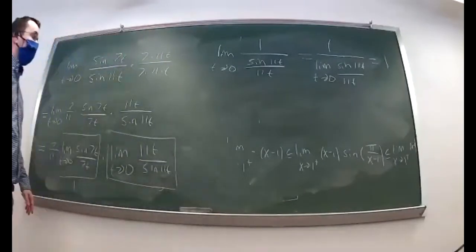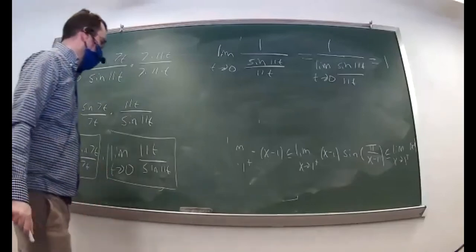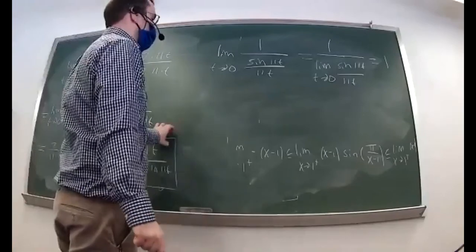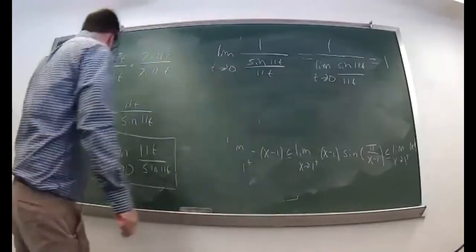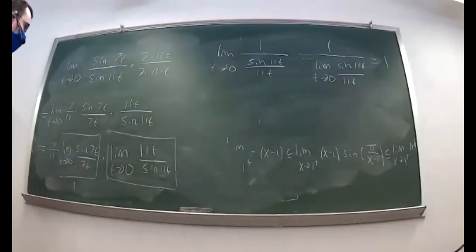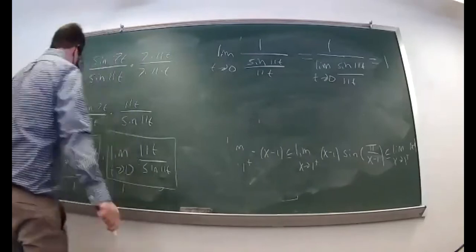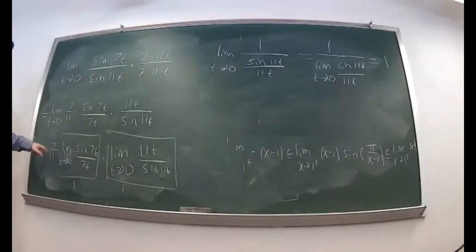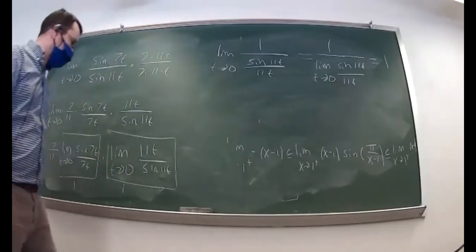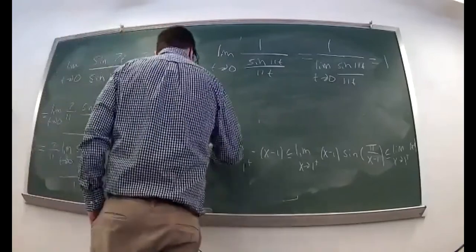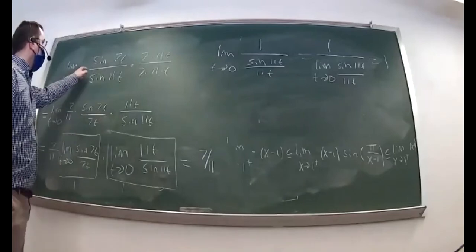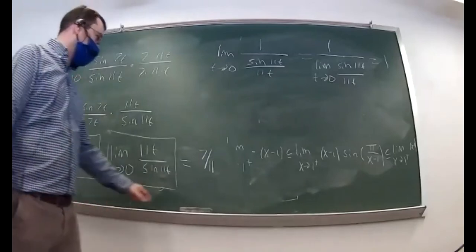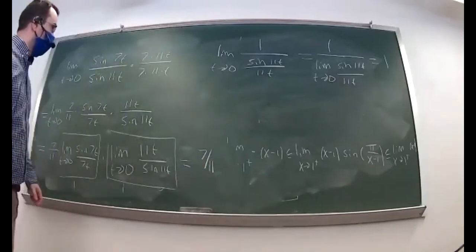So if you were writing that down on homework, you might put a little note that you're going to calculate this in the next line, explain it, and then proceed further. But this one we've calculated to be equal to 1. So the limit is 7/11 times 1 times 1. So this limit, sine 7t over sine 11t, is actually equal to 7 over 11.